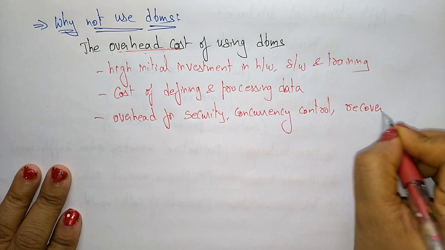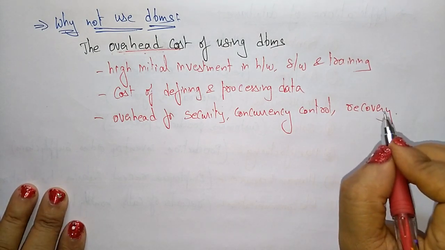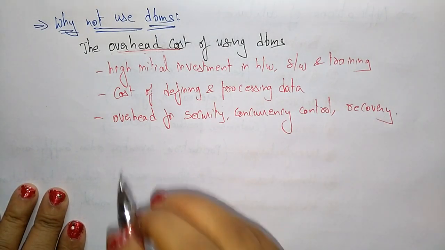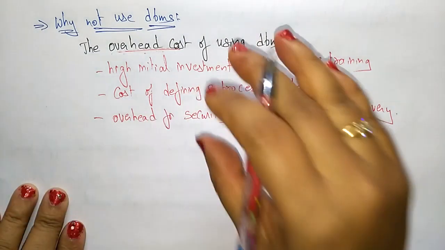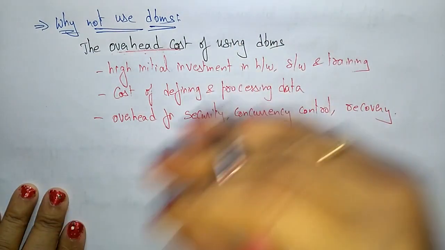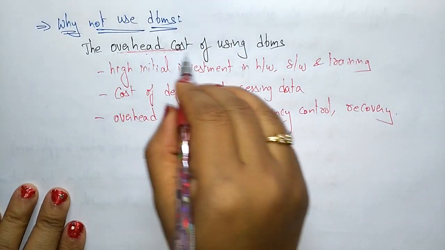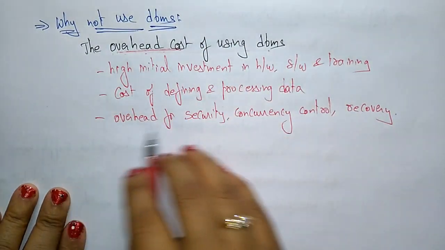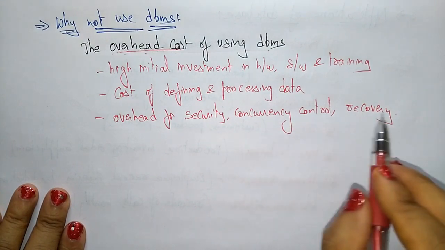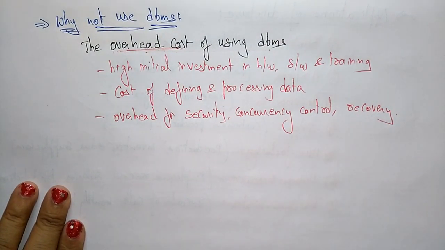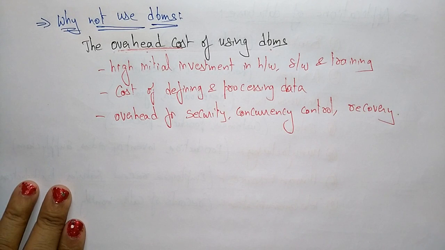For all these reasons, the cost of using a DBMS becomes overhead. For security, maintaining concurrency control, and recovery, they need some overhead.